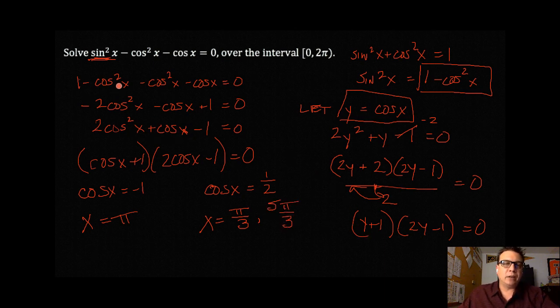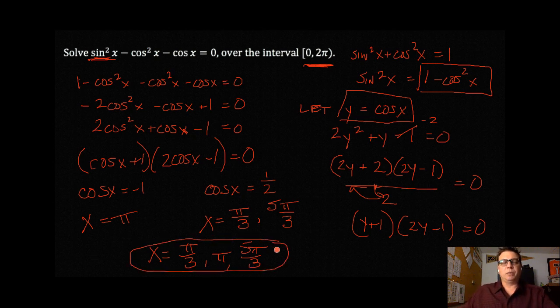And again, since I don't have anything in front of the x's here, I don't have to worry about creating a recursive formula, because remember, the whole idea is I'm going to add 2 pi to it. If I add 2 pi to any of these, I'm outside the window. So therefore, I just have to put them in order now. X is equal to pi divided by 3, pi, and 5 pi divided by 3.